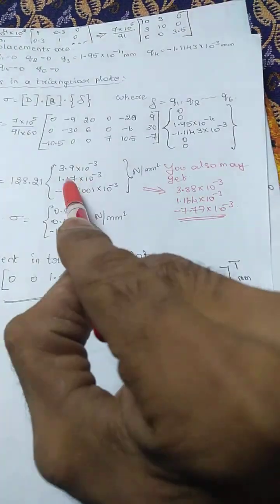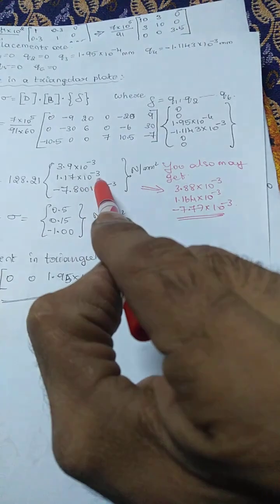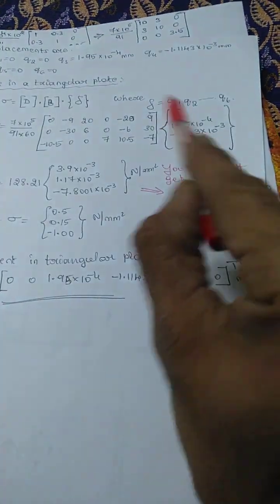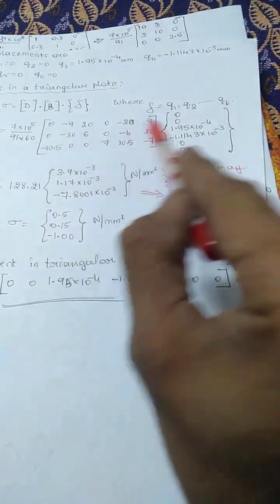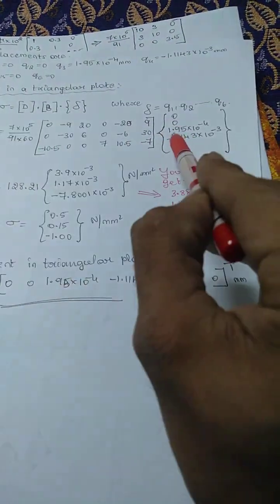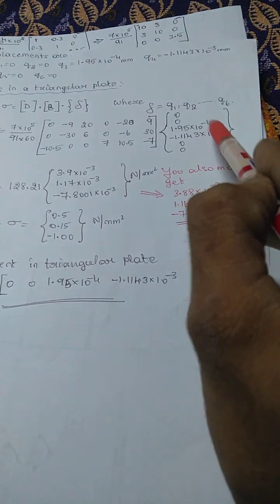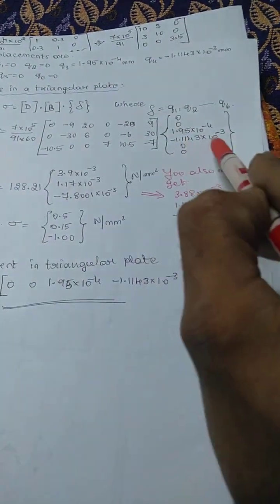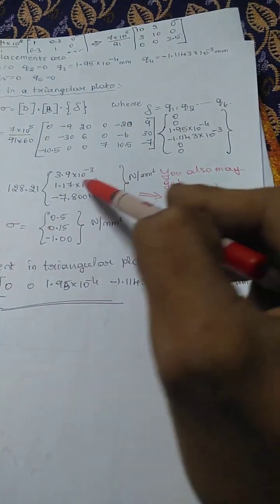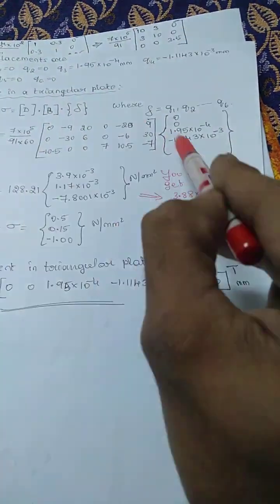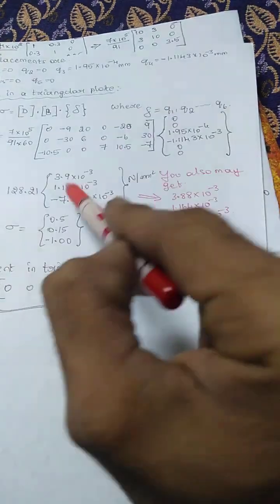Similarly for this one, 1.17 into 10 to the power minus 3: 0 into 0 minus 30, plus minus 30 into 0 plus 6 into 1.95 into 10 to the power minus 4, plus 0 into this one, minus 6 into 0, 30 into 0.